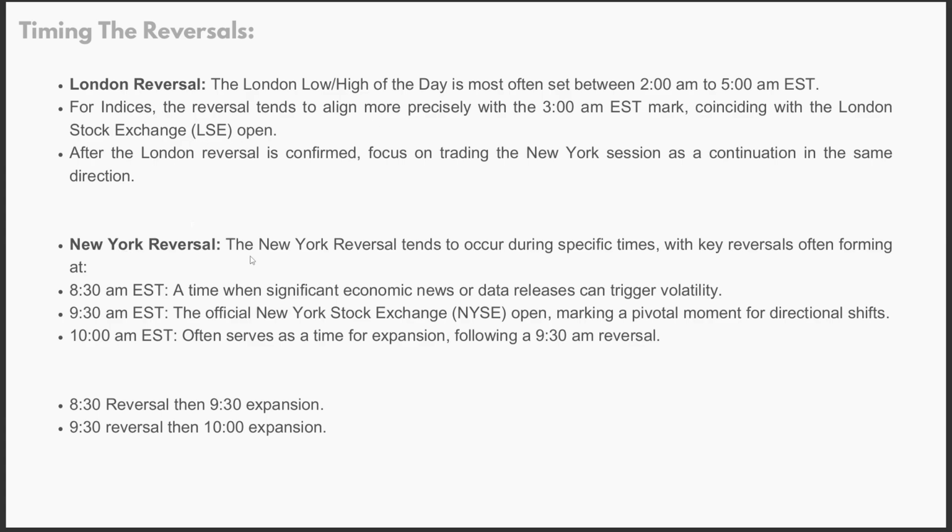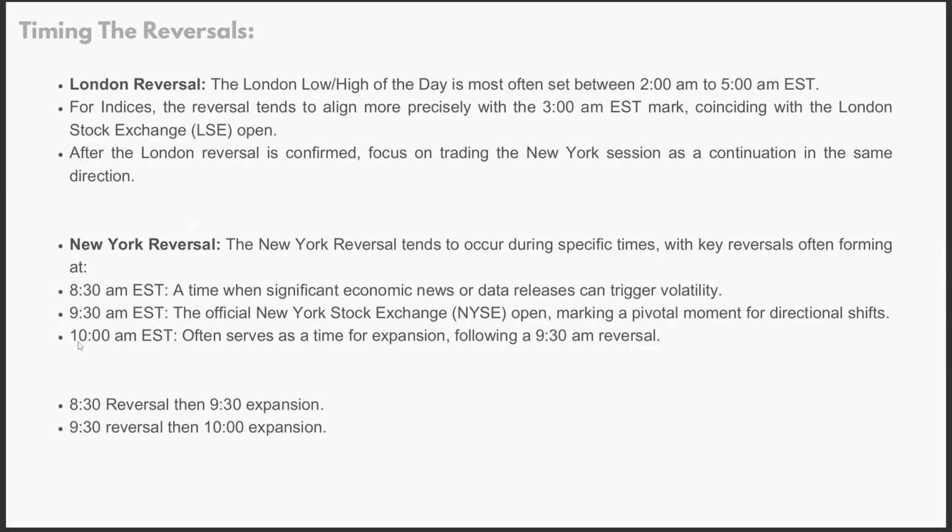Now the New York reversal most of the time occurs around the volatility drivers. For example, 8:30 a.m. EST is the news release, so the New York reversal could occur right at 8:30. Or if the 8:30 is doing the manipulation or consolidation, then the 9:30 New York Stock Exchange open will do the reversal and then expansion.